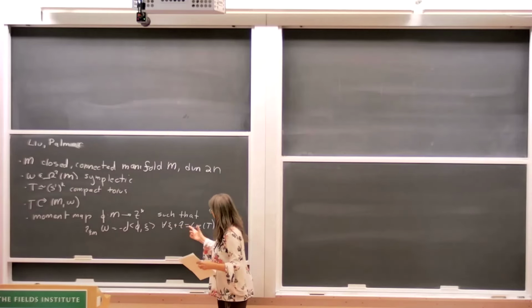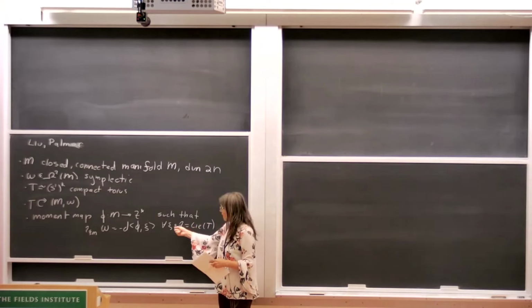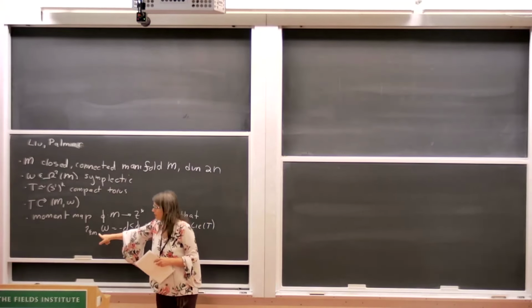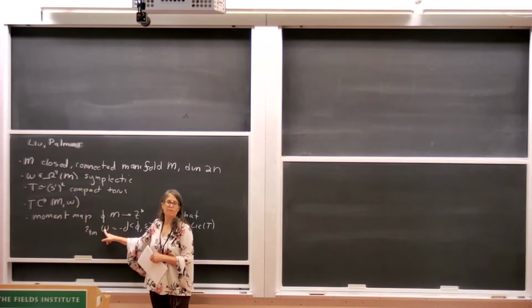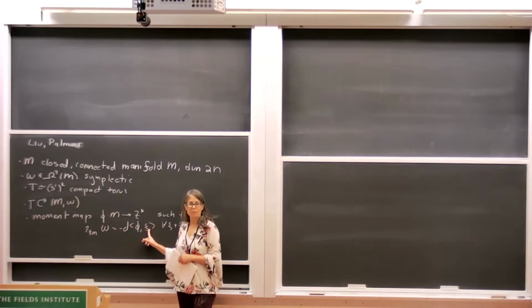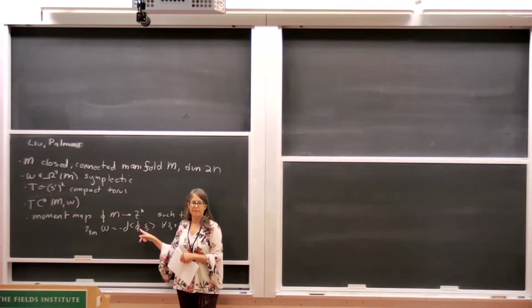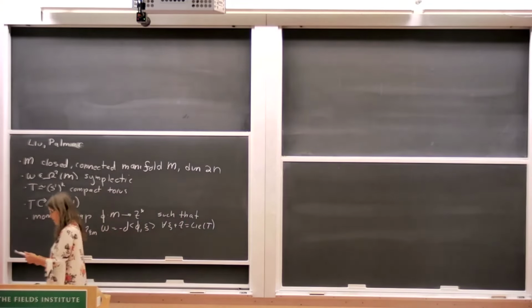T is the Lie algebra of my torus. If I take an element xi in that, I get a vector field on my manifold. And if I plug it into omega, I get a 1-form. On the other hand, phi is a map to T star. So if I pair it with xi, I get a function. If I take d of it, I get a 1-form, and I'm assuming that these are equal. That is my basic assumption.